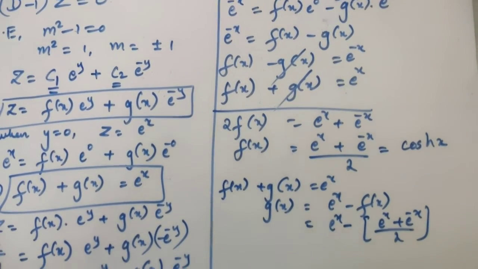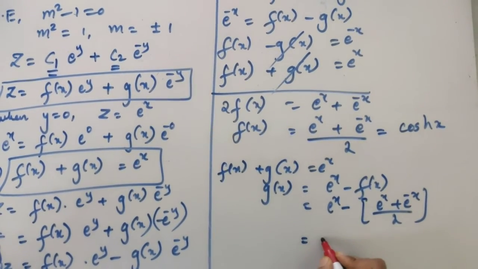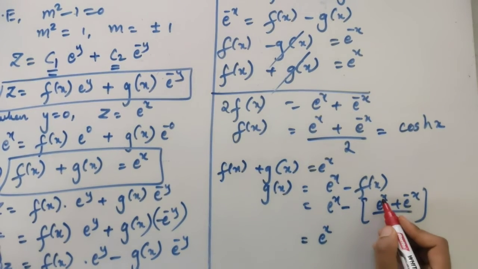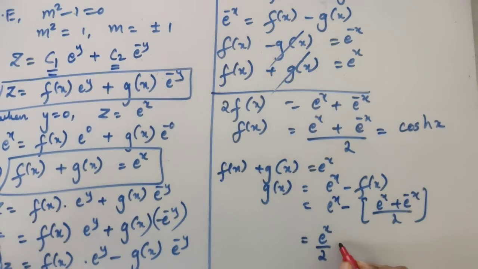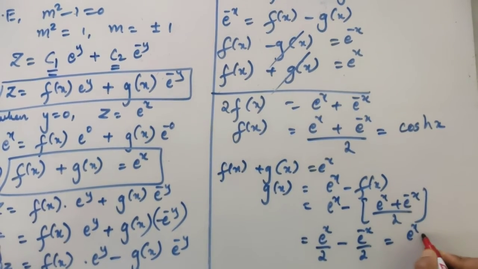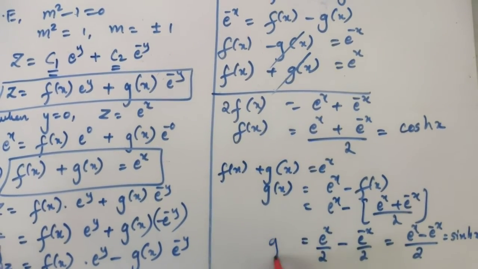Okay, so you should be getting this as e to power x minus e to power x divided by 2. It will be e to power x divided by 2 minus e to power minus x divided by 2, or it is e to power x minus e to power minus x divided by 2, which is sine hyperbolic x. So this is g of x.